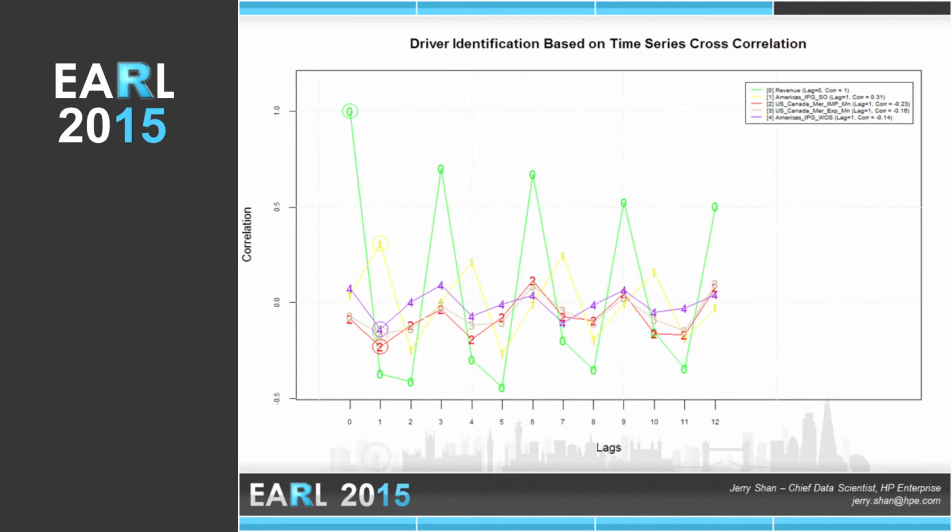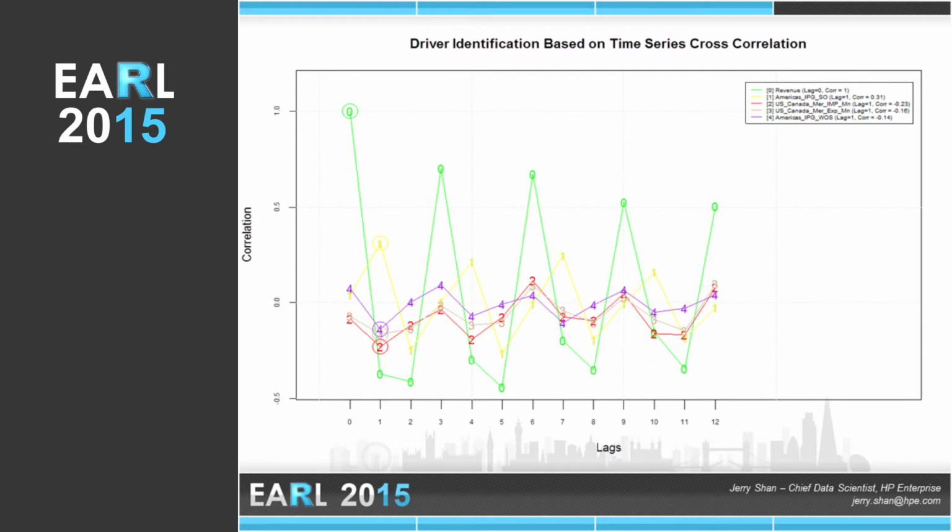So now, for each variable, or we call it candidate driver or variable, you identify the most important lag. For instance, for the red curve, you can see red is the US-Canada merchant import in millions of dollars. That's a candidate driver. So at lag 1, you can see there is a circle for the curve.